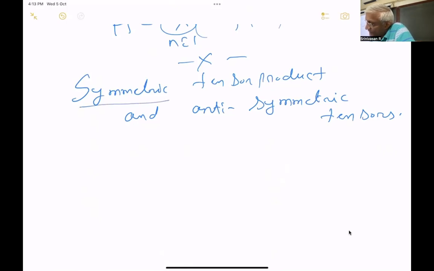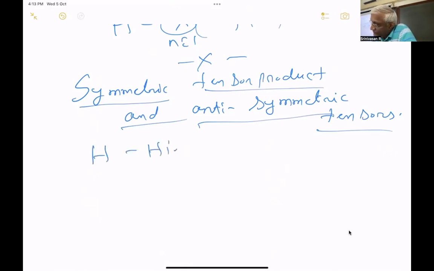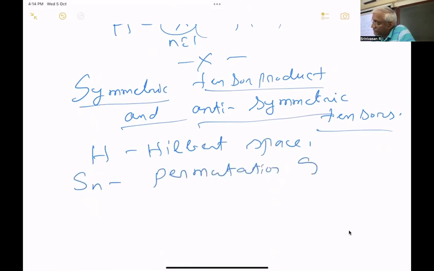Symmetric tensor product and anti-symmetric tensor product. So this is about symmetric. When you use this, it is about the same Hilbert space. You can't take different Hilbert spaces and do this. So let H be a fixed Hilbert space. Then let Sn be the symmetric group, the permutation group of n elements.